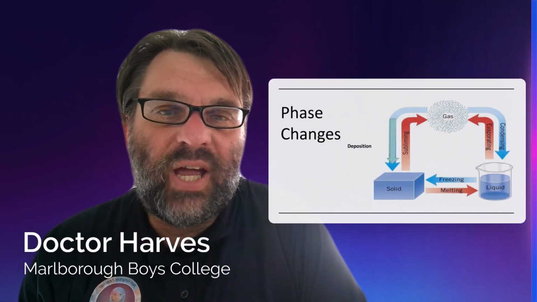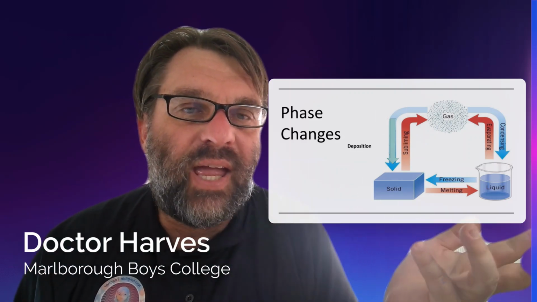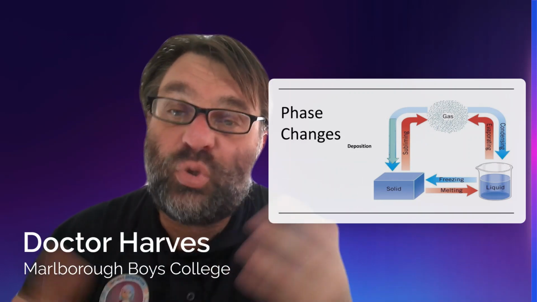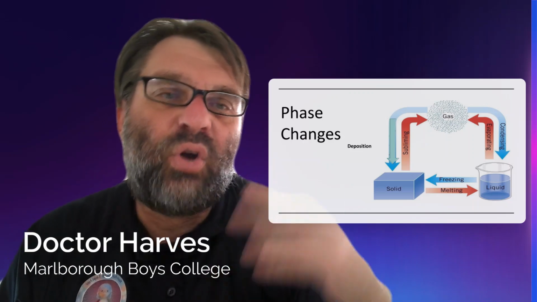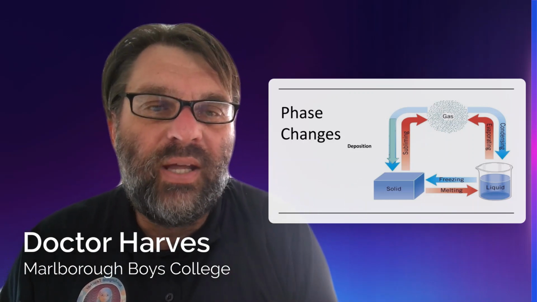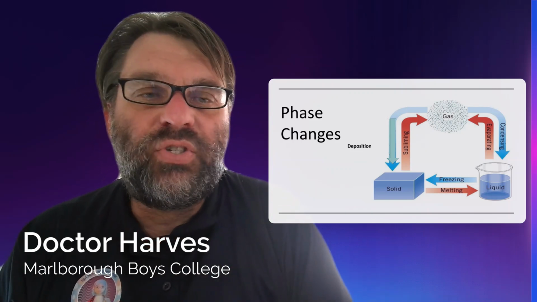So we'll also look at phase changes. We've got deposition, going gas to solid. Solid into a gas is subliming, which carbon dioxide does. We've got evaporation from a liquid to a gas, and condensation from a gas to a liquid. And finally, liquid freezes into a solid, and solid melts into a liquid.